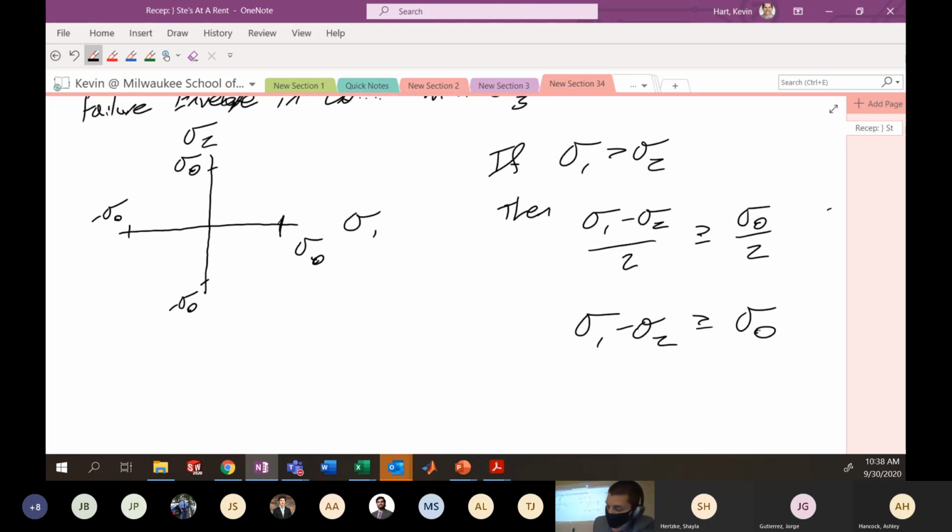This is one equation that gives sort of the boundary of our failure envelope.